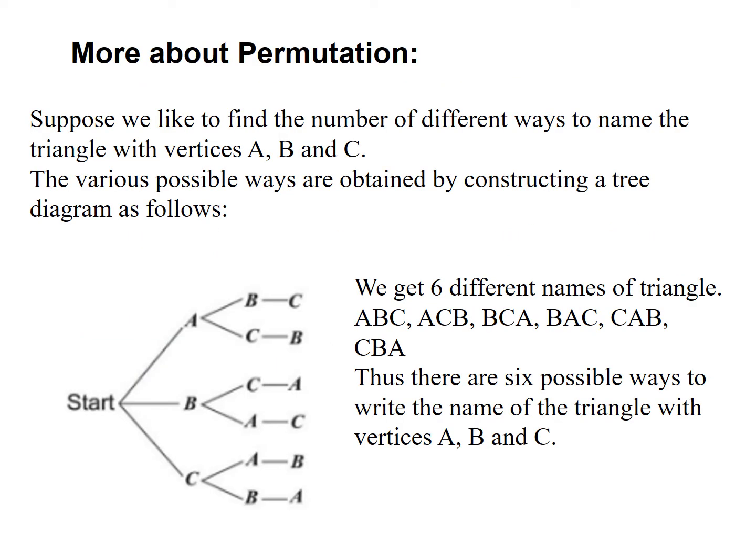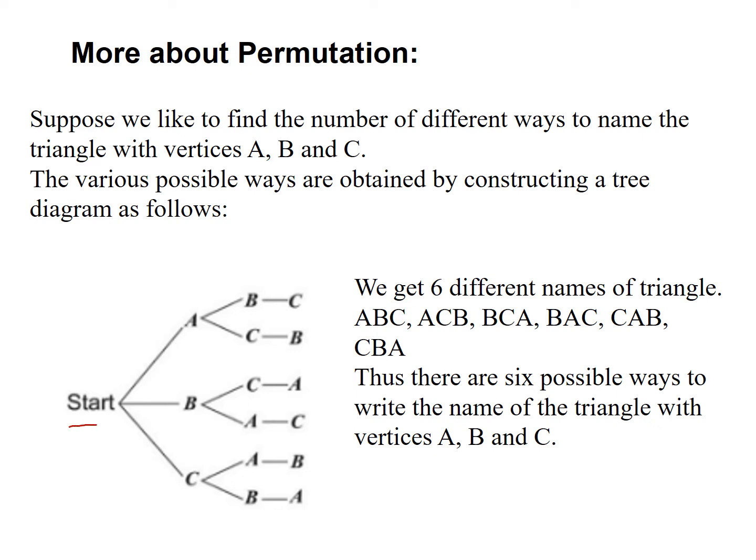Let's see some more about permutation. Suppose we like to find the number of different ways to name the triangle with vertices A, B and C. The various possible ways are obtained by constructing a tree diagram as follows.